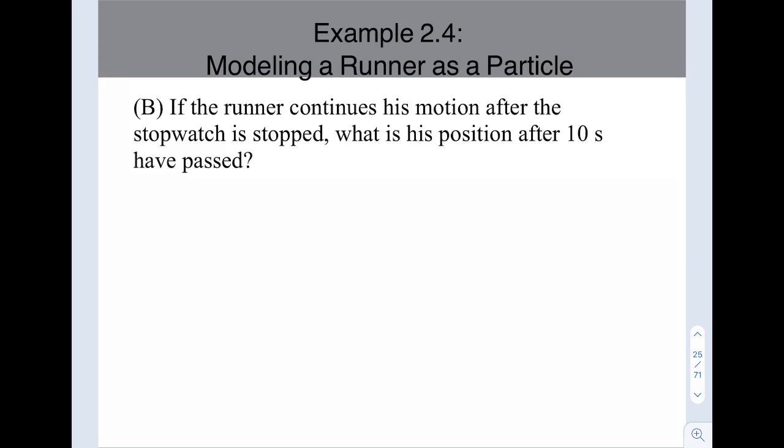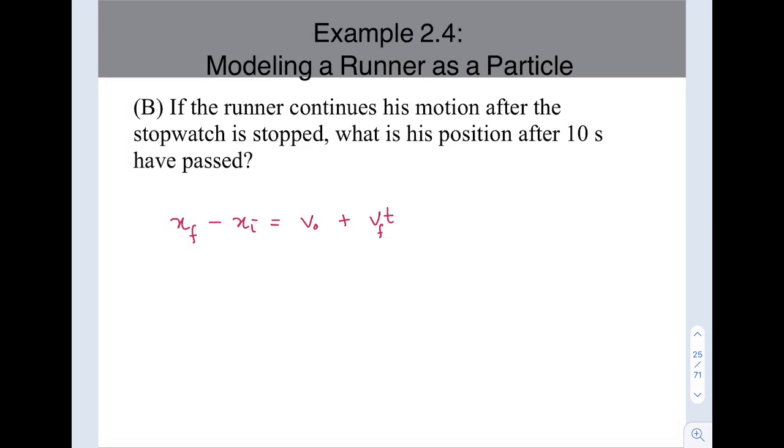B. If the runner continues his motion after the stopwatch is stopped, what is his position after 10 seconds have passed? So we are looking for the final position, x final, minus x initial, equivalent to v naught plus v final t.